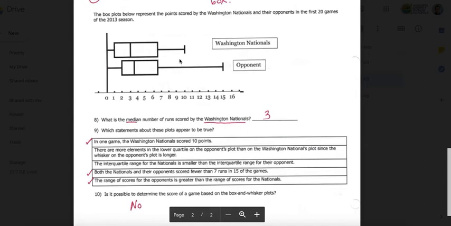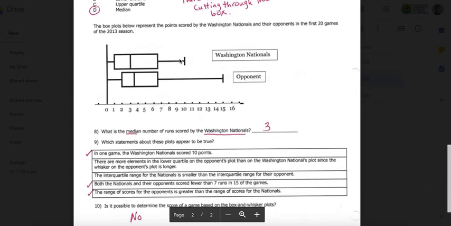Well, okay, we know that this represents 20 games, right? So 15 games is going to be 15 out of 20, which is 75%. So it's going to be this part and this part, and for this one, this part and this part. So look, they scored fewer than 7 in 15 of the games. Yes, they did, because here's 7 right here.